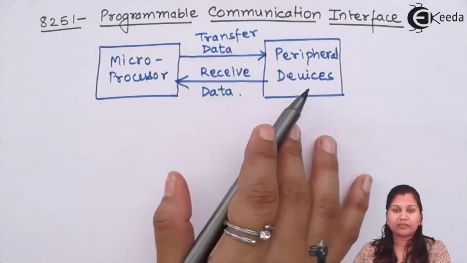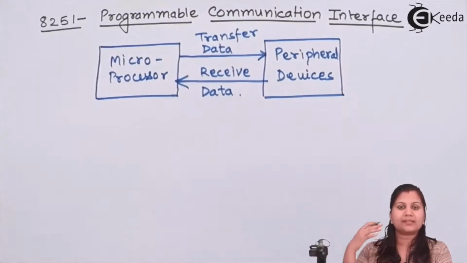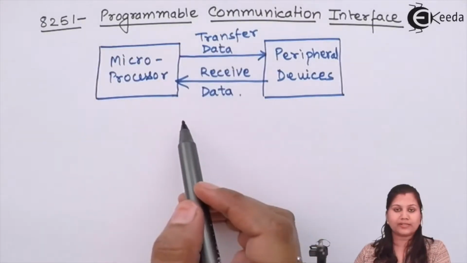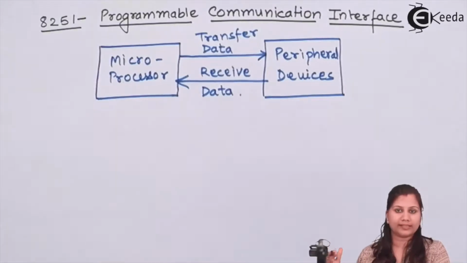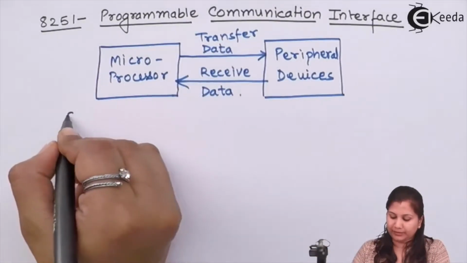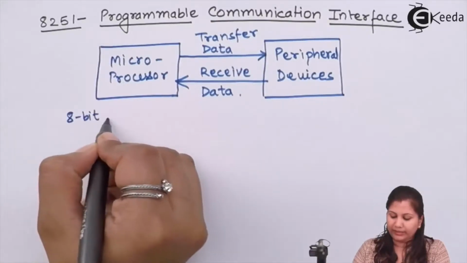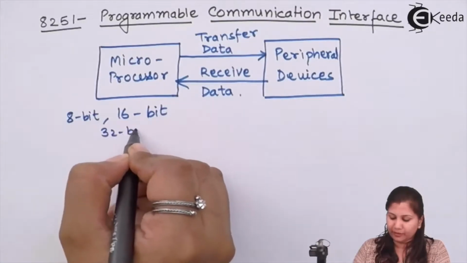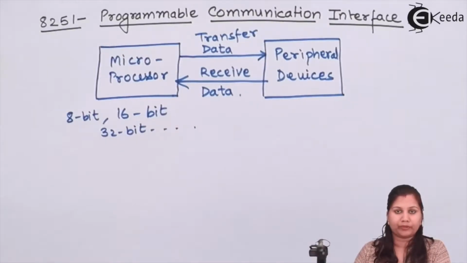Now when these peripheral devices are located at some remote location, the microprocessor has to transfer or receive the data over long distances. Okay, now this data can be 8-bit data, or 16-bit data, or 32-bit data or more.